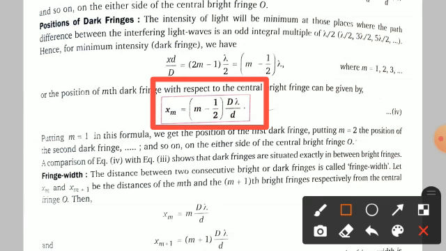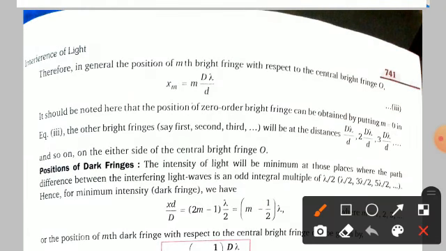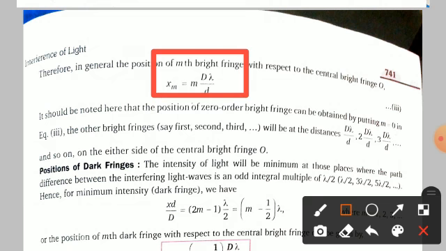This is the formula for dark fringes, and the earlier formula is for bright fringes, where the intensity is maximum. Clear?